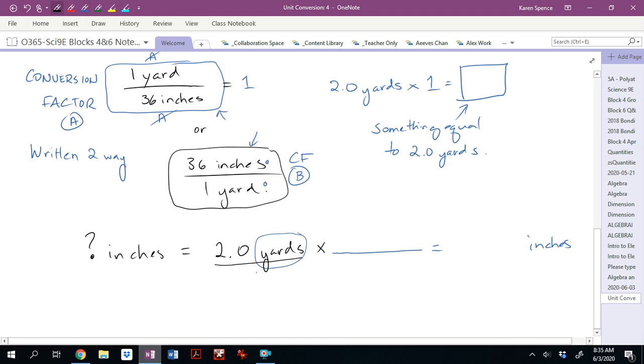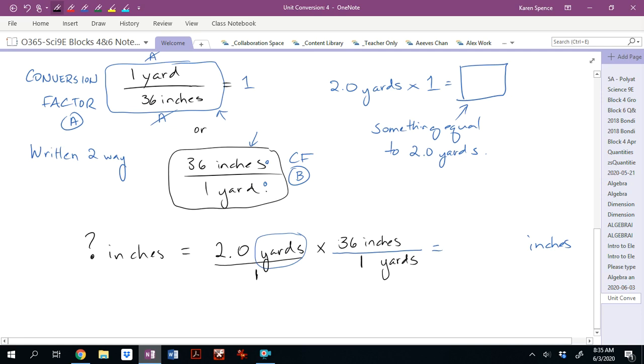Remember, I could write 2.0 yards as 2.0 yards over 1. So 2.0 yards is in the numerator, on the top. Where will I want yards so that it will cancel out? Do I want it on the top, or do I want it on the bottom? Hopefully, you see that yards is what we're going to want on the bottom. And I know that 1 yard is equal to 36 inches.